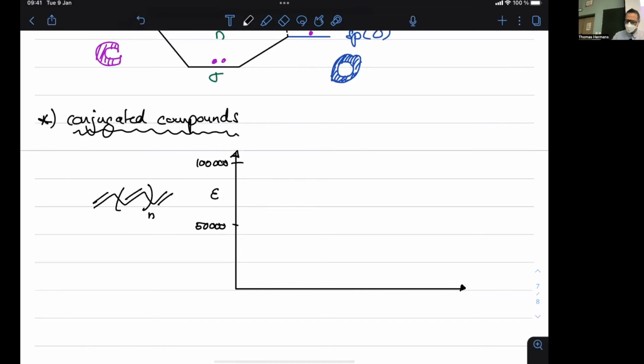So I'm going to plot the absorption coefficient in per molar per second. And I'm going to plot the wavelength in nanometers. Okay, so I have like 200, 300, 400. So depending on the length, let's look at the shortest one. I will have something like this. N is 2, right? This N.